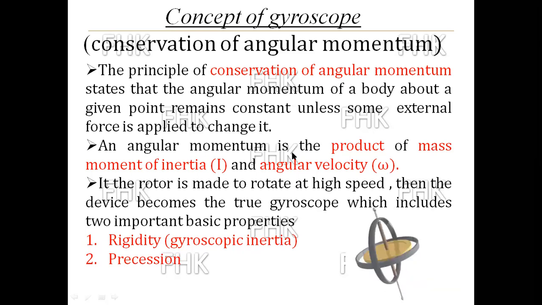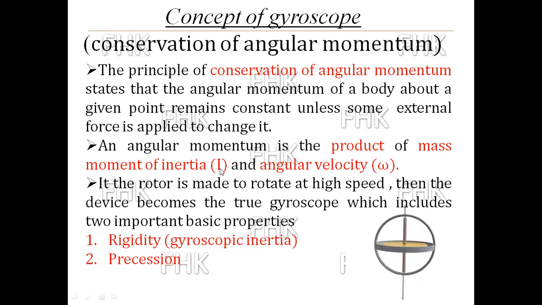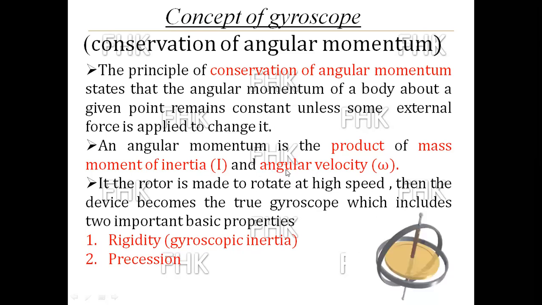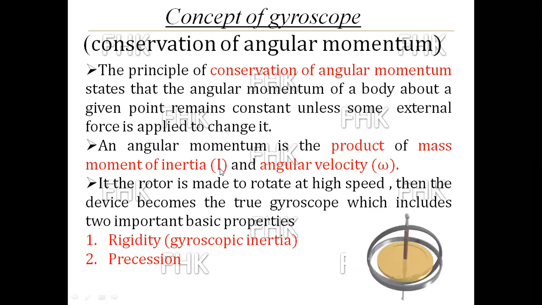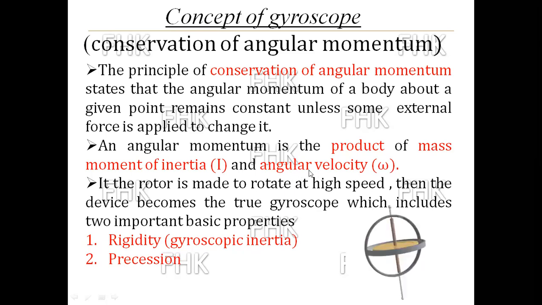Angular momentum is the product of the mass moment of inertia, denoted by I, in general called the moment of inertia, and the second thing, angular velocity omega. So angular momentum is the product of I and omega, where I is the mass moment of inertia and omega is the angular velocity.